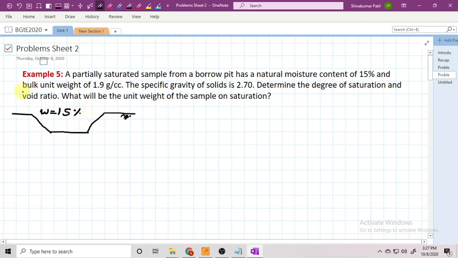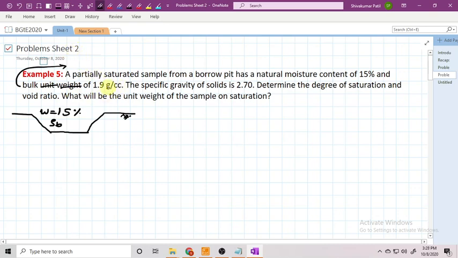And the bulk unit weight, so that is rho B. It should not be bulk unit weight, it should be bulk density. Why I am telling it should be density: because you see the unit here, they have given in terms of gram per cc. If they were using unit weight, then the unit should be in terms of kilonewton per meter cube.